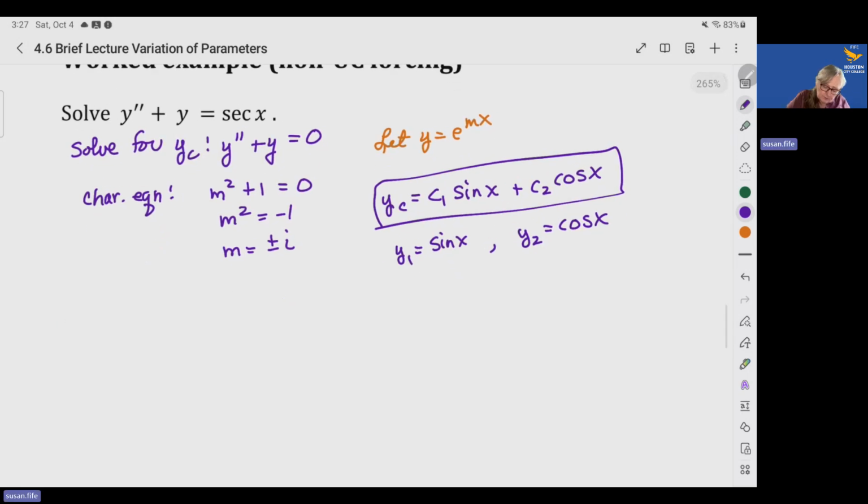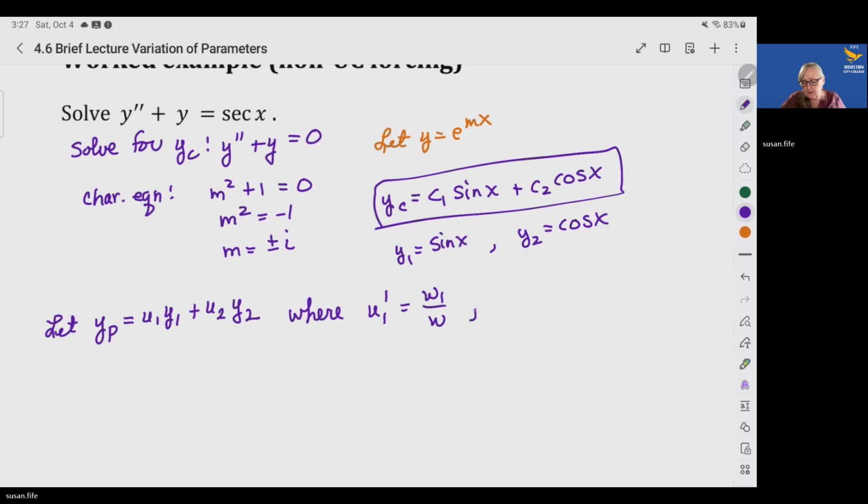So we're going to let our particular solution be u1 y1 plus u2 y2, where u1 prime is w1 over w, u2 prime is w2 over w.